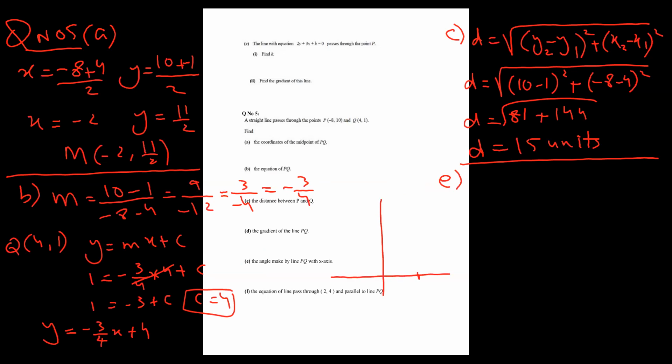So x is 4 here and y is 1 here. It means this point. X is minus 8, y is 10 here. So this is a point. If I join a line with that, this angle is my target.